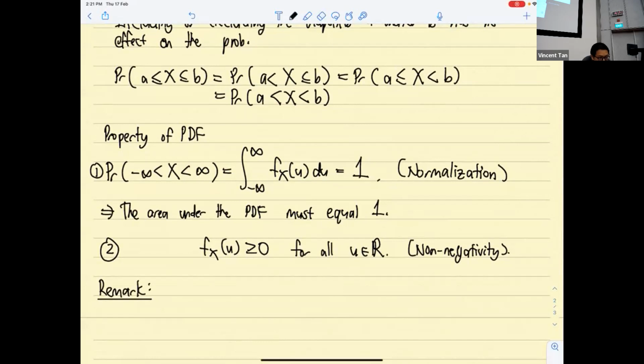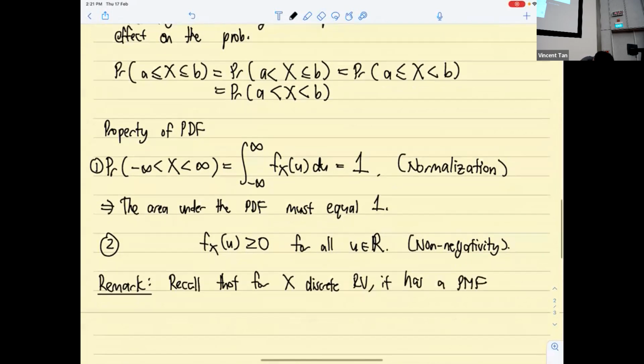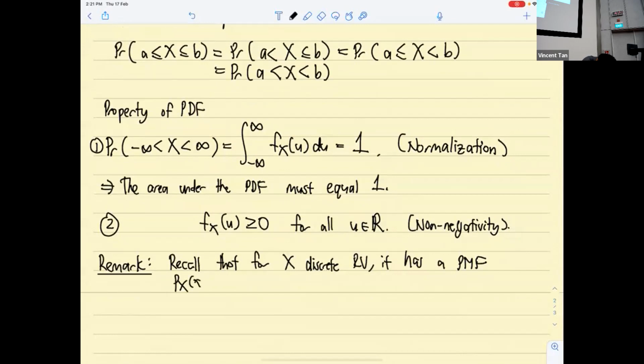So we have this thing known as the probability density function. Now, recall that a discrete random variable X has a PMF, probability mass function, p_X(x).